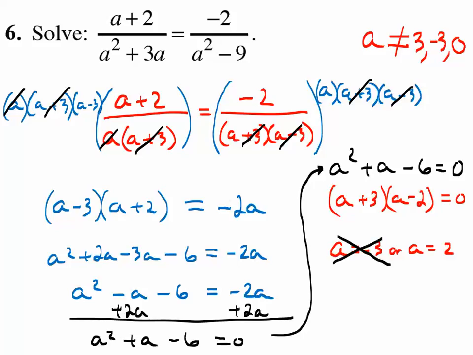A cannot be a negative 3 because of our restriction here. I can't accept the 2. Hey, we were talking about that last problem, right? If we have 2 answers here, the restriction may tell us that we can't choose one of them. But if we still have any answers left over that fulfill the restriction, that means we're in good shape. There it is. A is equal to 2.